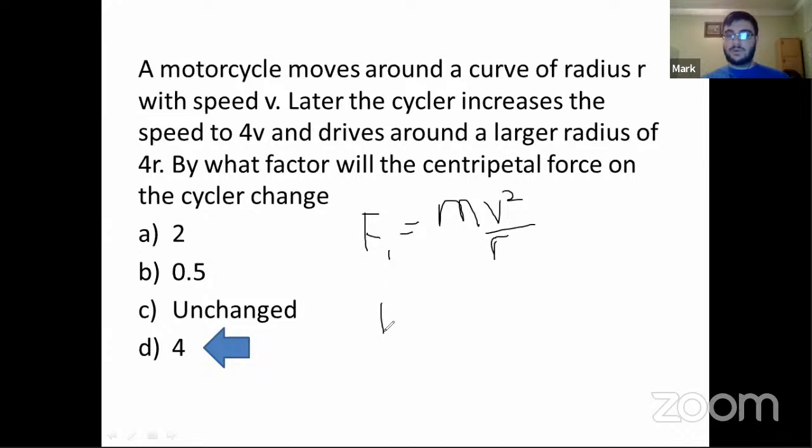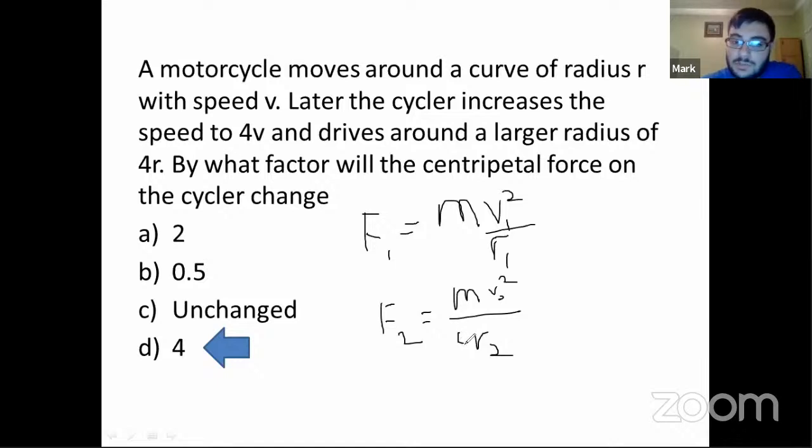And we'll call this F1 initially, and we'll call F2 after a certain time. We'll say V1, R1, V2, and R2, right? We know that V2 is 4 times V1 and R2 is 4 times R1.